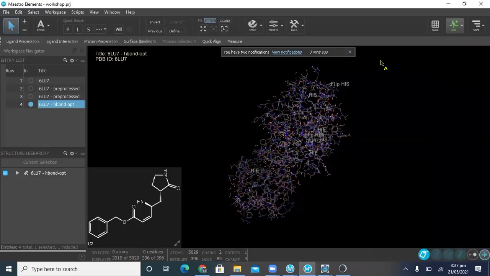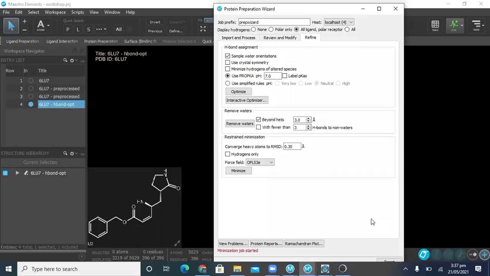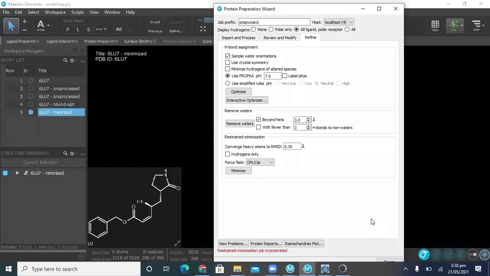The minimization process always takes some time, because minimization corrects the structure of the protein and ligand. Both structures are corrected by the minimization process, and bonds are corrected in this process also. So the minimization process has been completed now.